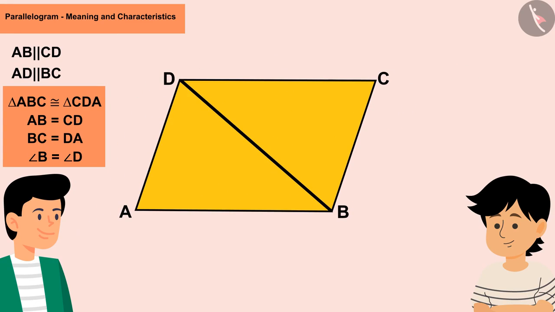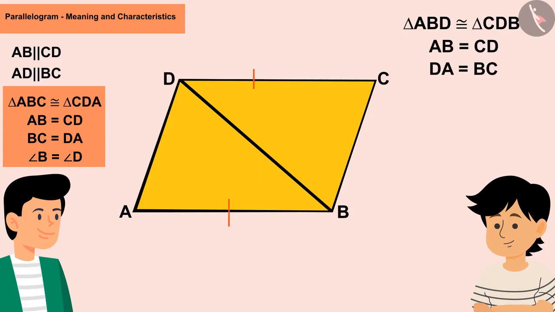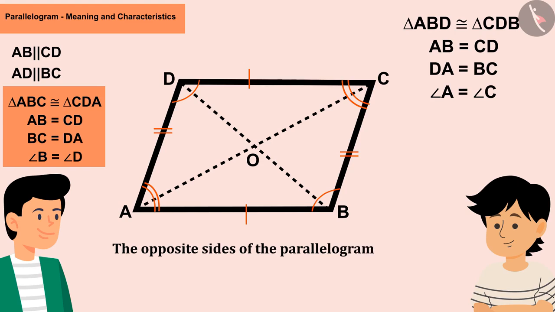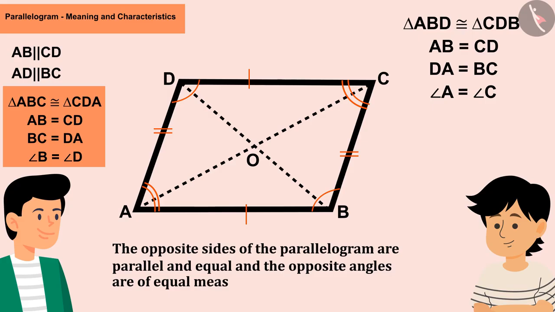Hence, we can say that the 2 triangles are mutually congruent, with the help of which we again get to know that the sides AB and CD and DA and BC are of equal measure. Also, we find that angle A and angle C are of equal measure. Therefore, we can say that the opposite sides of a parallelogram are parallel and equal, and the opposite angles are of equal measure.